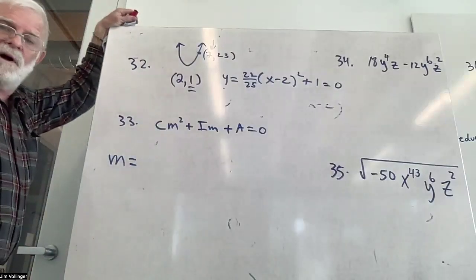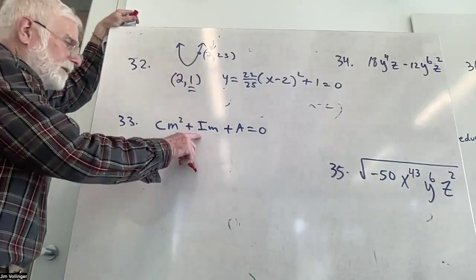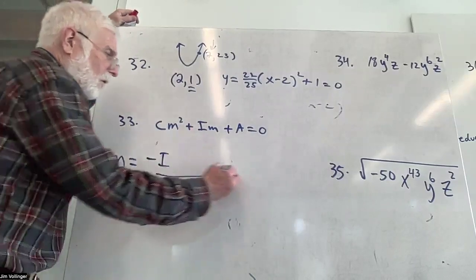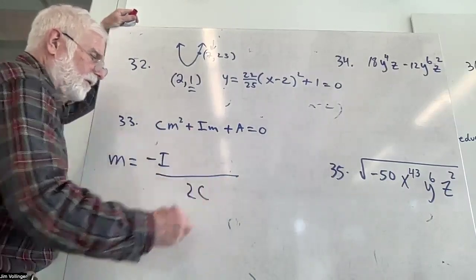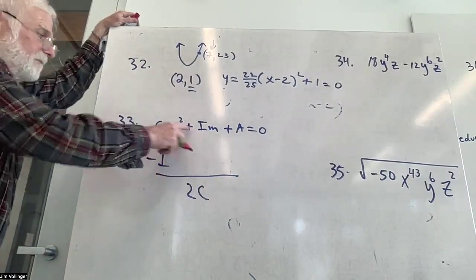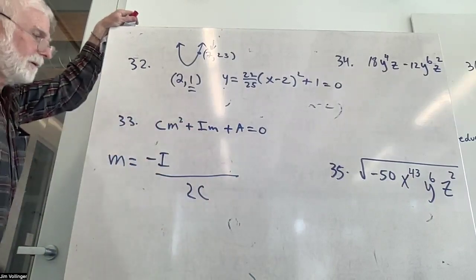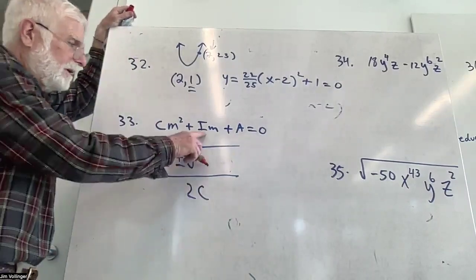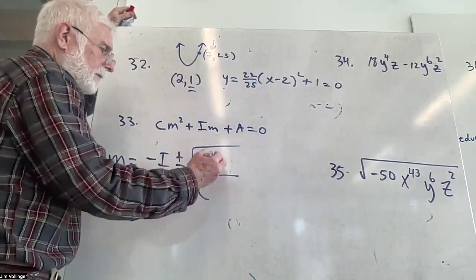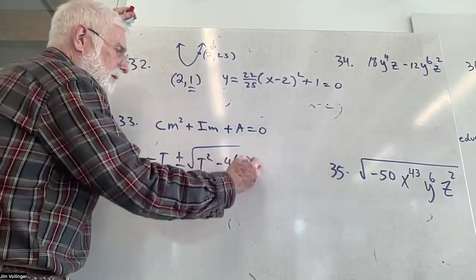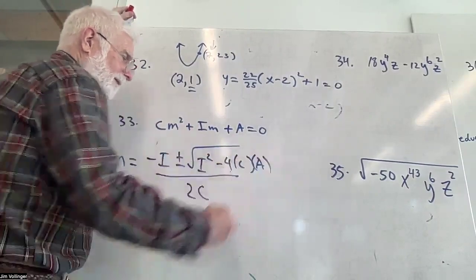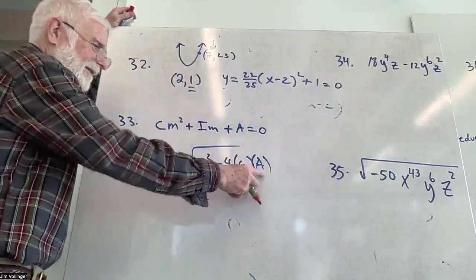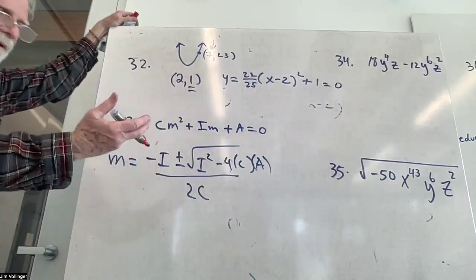Trying to get you to memorize the quadratic formula. Minus b over 2a. That's going to be part of it. Minus b over 2a. It's going to be there. Plus minus square root's going to be there. b squared, minus 4 times a times c. That was fun. That's now a and that's c. There's your quadratic formula.